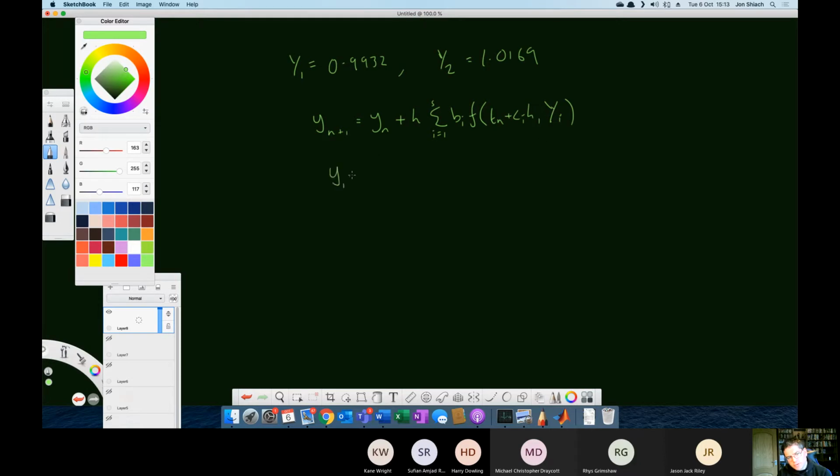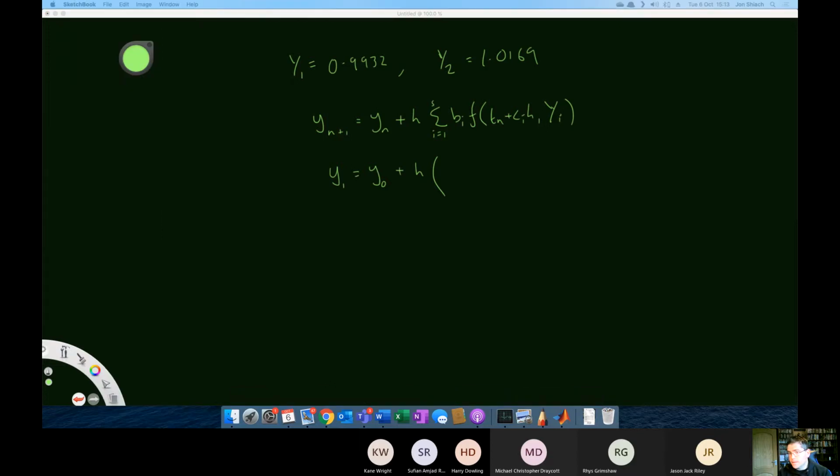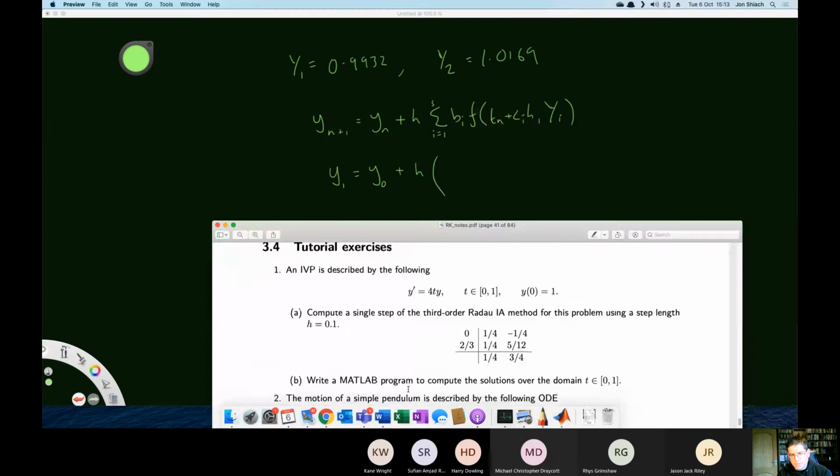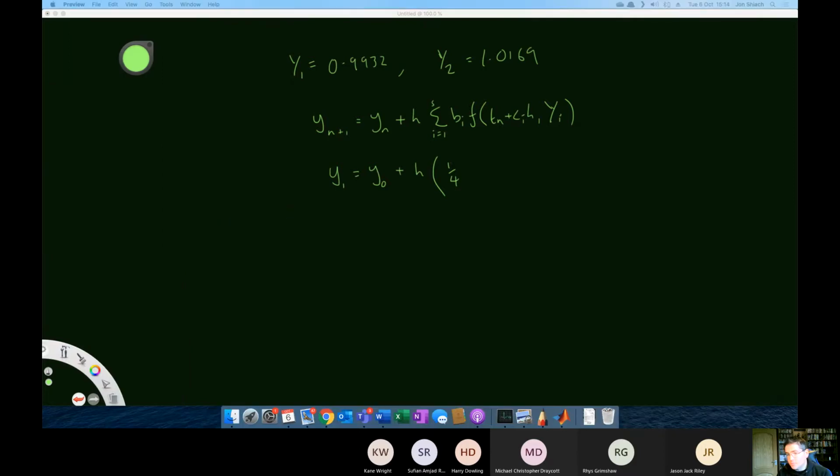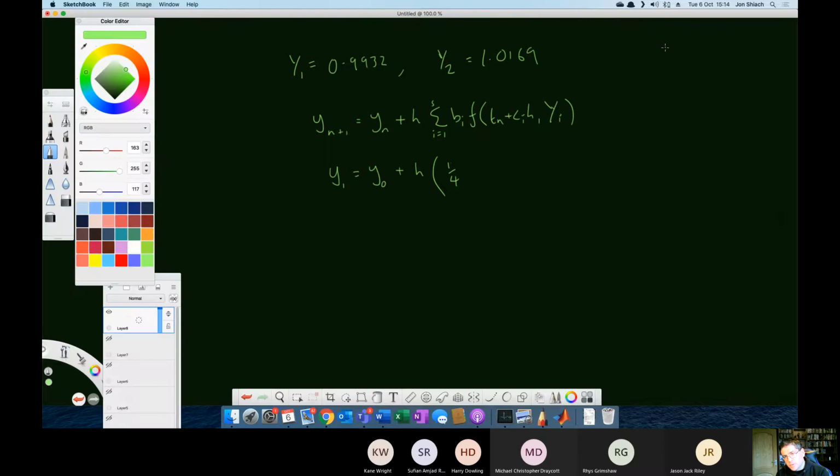So for our first solution, we've got our initial solution y0 plus h, and I'll remind myself what the Butcher tableau was. So b1 was a quarter, and if you remember, what we were solving is y dash equals 4ty.